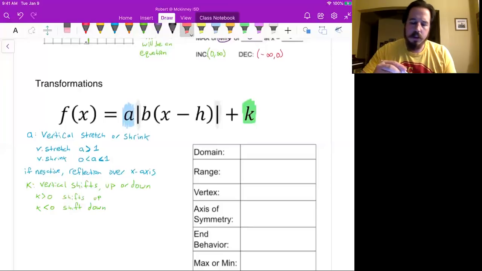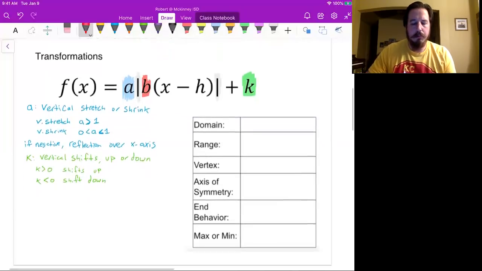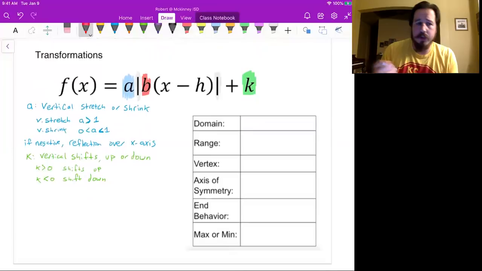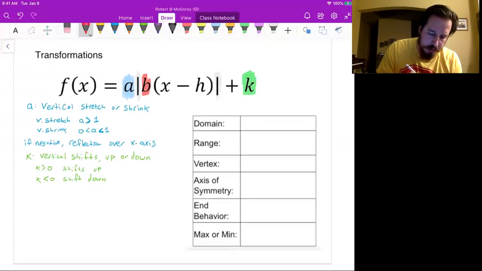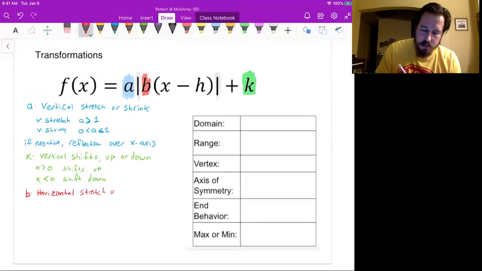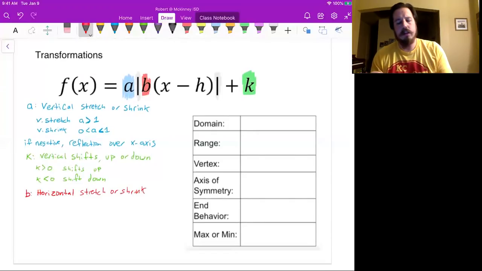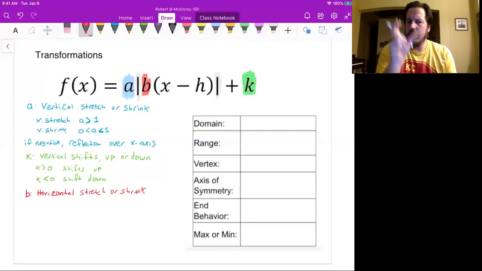Next one we're going to talk very briefly about B. B, similar to A, is going to do a stretch or shrink, but this time it's a horizontal stretch or shrink. And everything inside of our absolute value bars kind of works a little backwards.